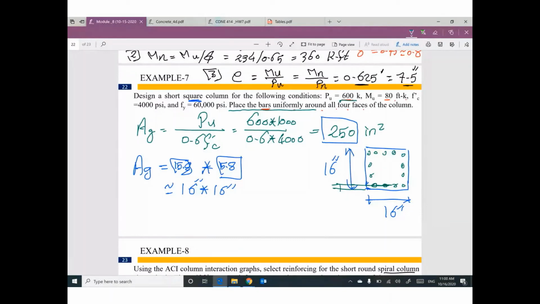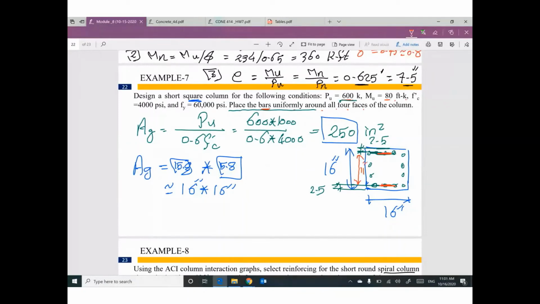The distance between this reinforcement and this edge, I'm gonna assume it 2.5. Anybody can tell me what is the remaining distance between this reinforcement and this reinforcement? Looks like how much? 11.